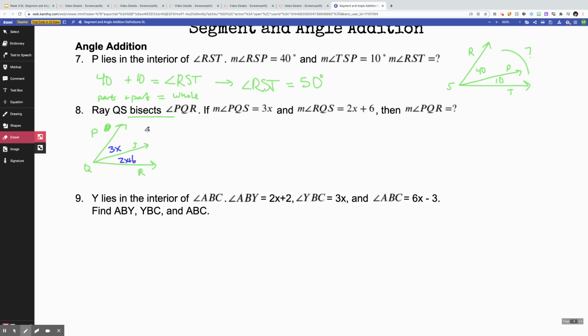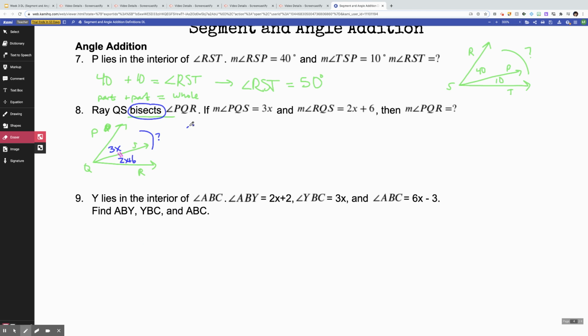Now notice they didn't give me a whole thing out here, right? But I don't really care, not all that much, because I have this magic word bisect right here, which means I know that these two expressions right here have to be equal to each other, okay?